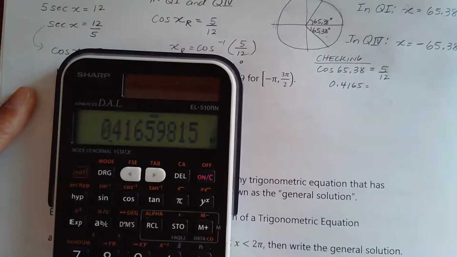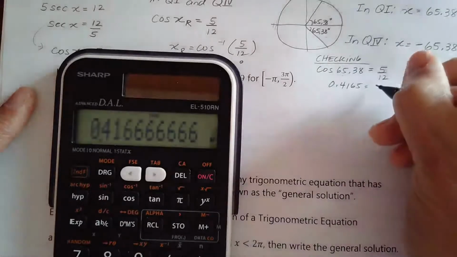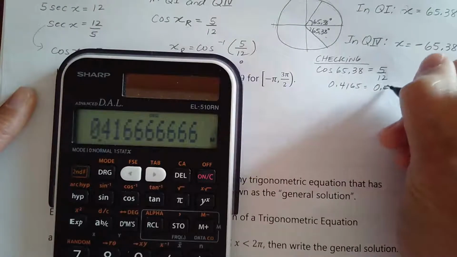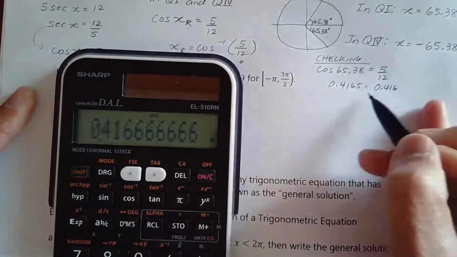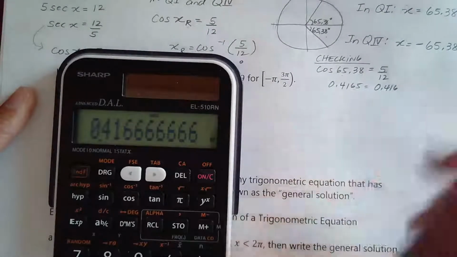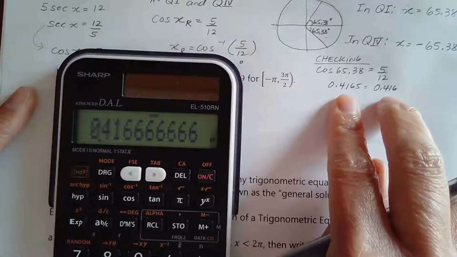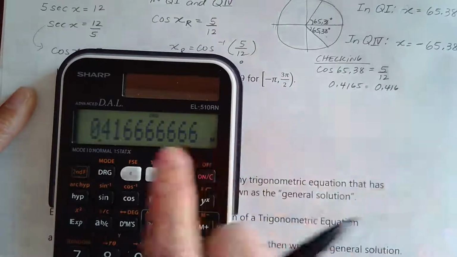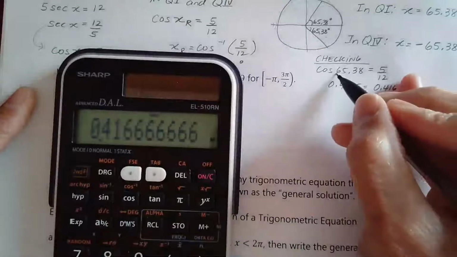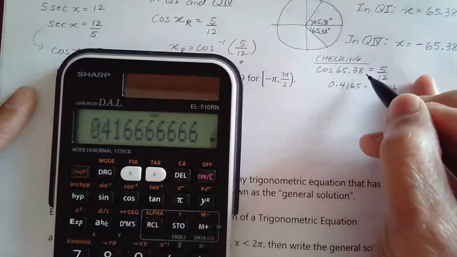And if I type in 5 divided by 12, it's 0.416 repeating, which are pretty much equal to each other. The reason it's not exactly equal is because we had to round off to 65.38.